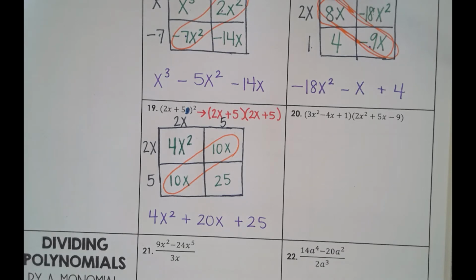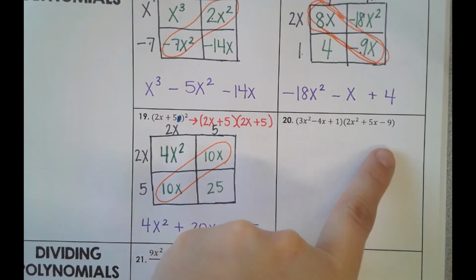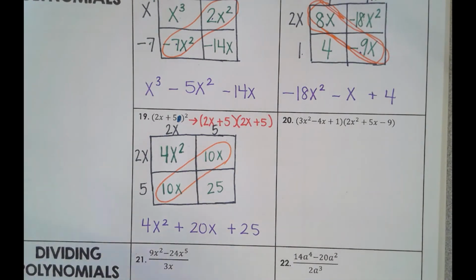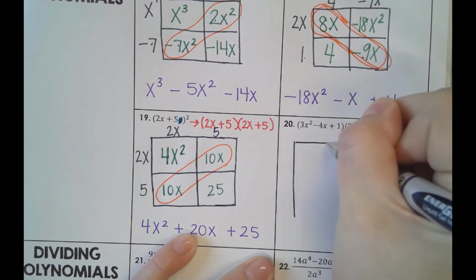Number 20 is a big one. It's not any harder, it just takes more time. So this time we have 3 by 3. So we're going to make a 3 by 3 box. So you may have to write a little smaller.